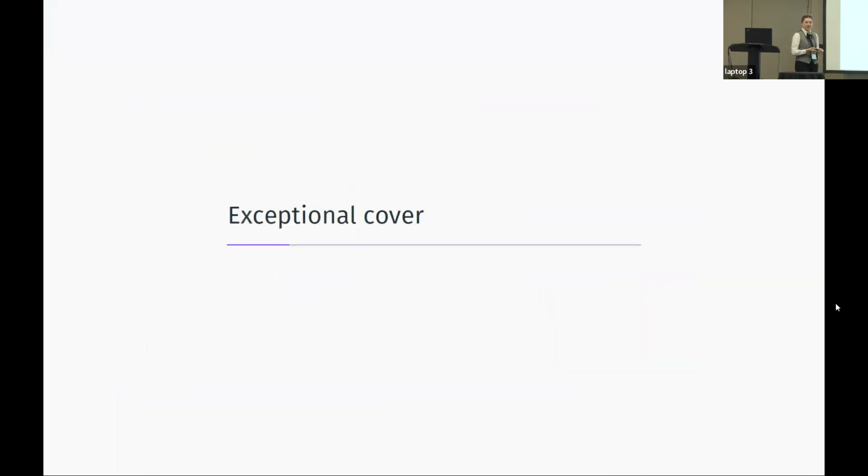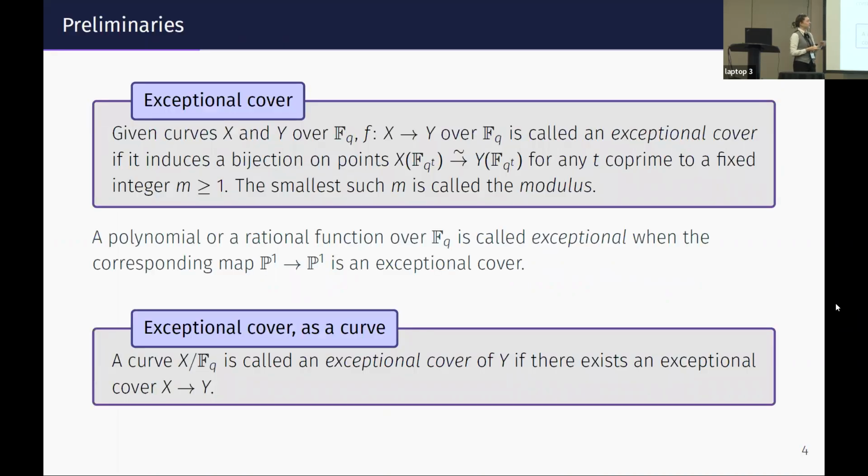So before explaining in detail how we are going to do that, I need to introduce the concept of exceptional cover. Suppose that you have two curves X and Y defined over a finite field Fq, and that you have a function f from X to Y. We can say that f is an exceptional cover from X to Y if it induces a bijection from X to Y on every extension of Fq that is of degree t coprime to an integer m, a fixed integer.